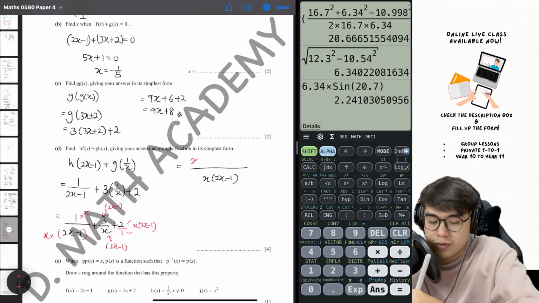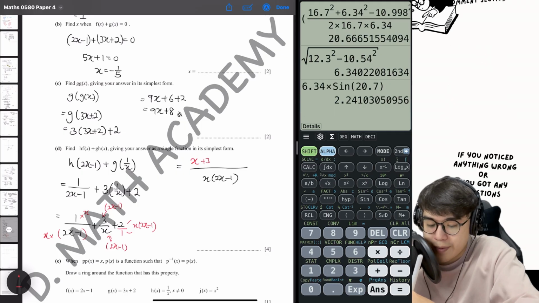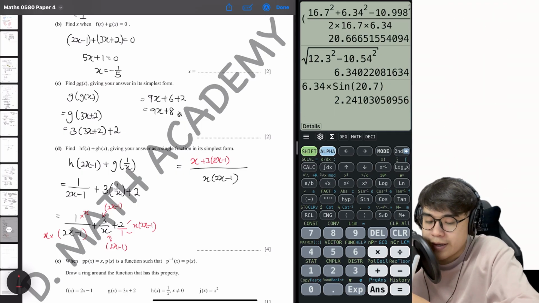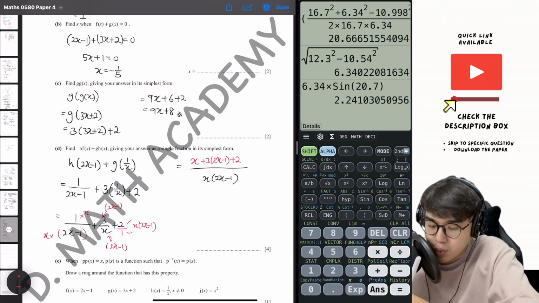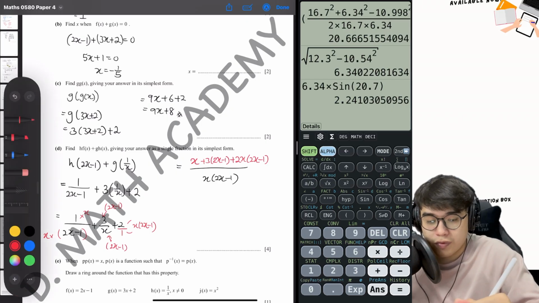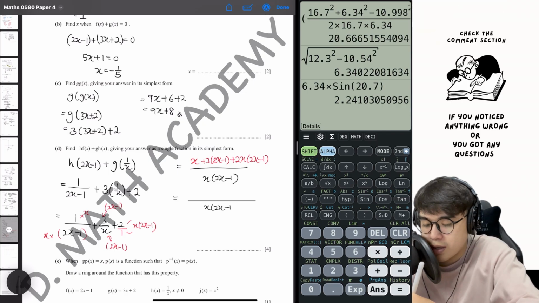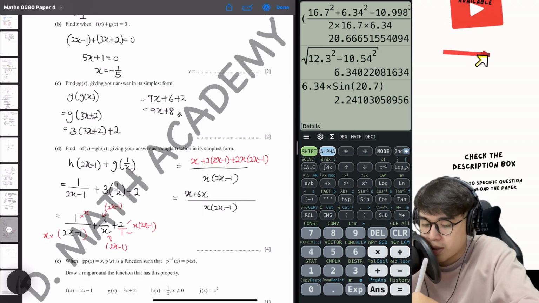So the first one will turn out to be x. The next one we will have a bracket of 2x minus 1. And then the last one we have a 2x minus 1. So you have to expand the things that you have here. I'm not touching the denominator, just leave it because it has been factorized and it is in the simplest form.